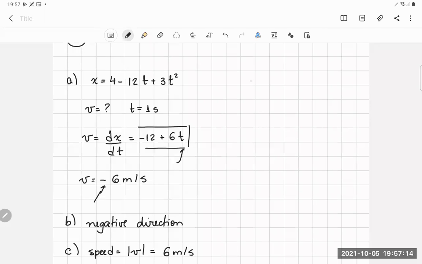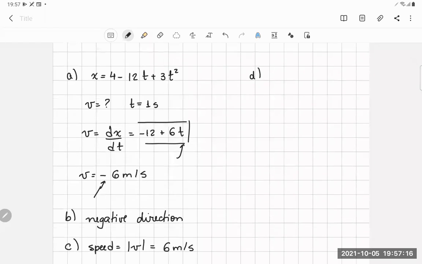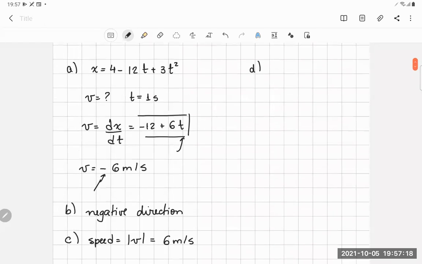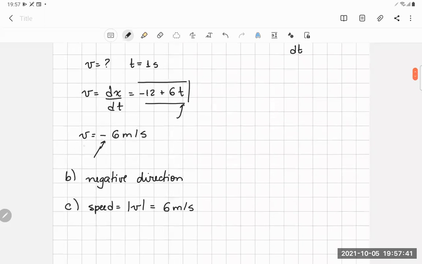To answer this question D, I'm going to find the acceleration, which is the second derivative of the position, so the first derivative of the velocity. And we find that the acceleration is 6 meters per second squared. So the acceleration is positive. And what we found was that the velocity here was negative.